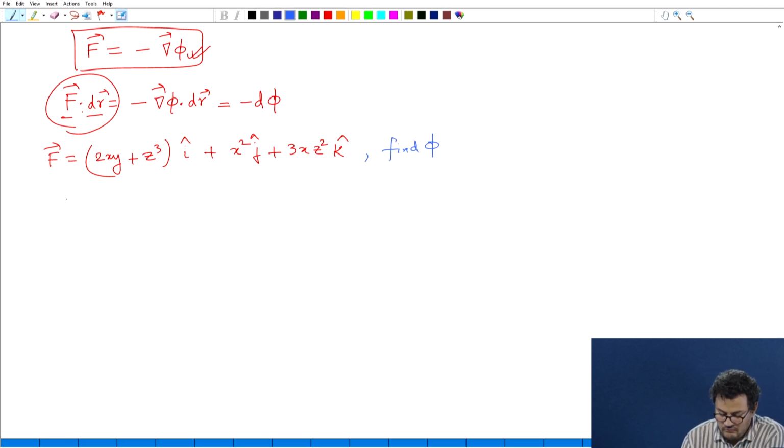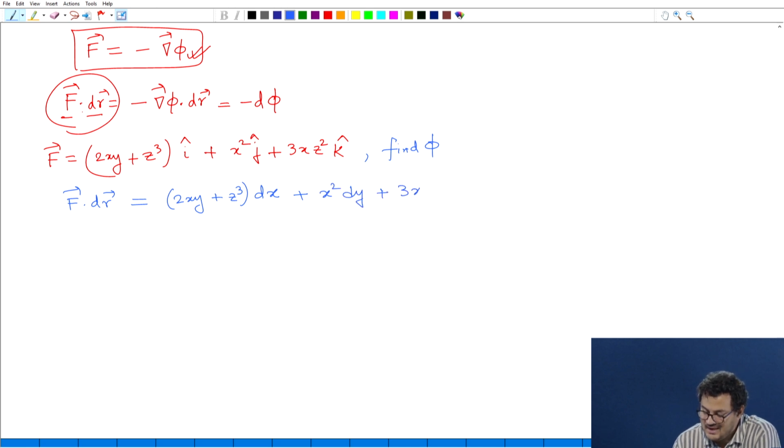For that, the first thing I can do is this: F dot dr is equal to (2xy plus z cube) dx, plus x square dy, plus 3x z square dz.